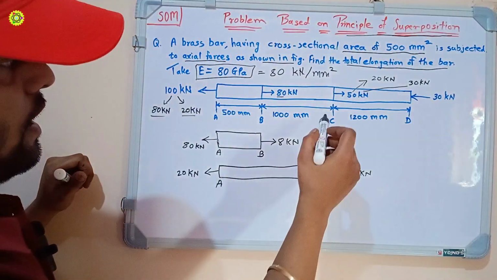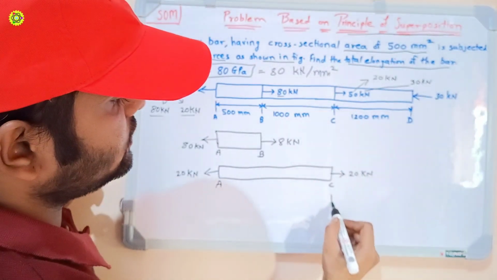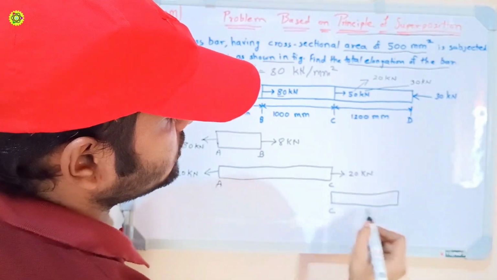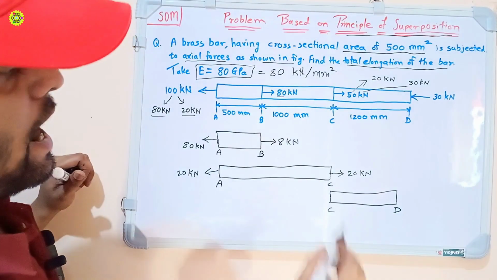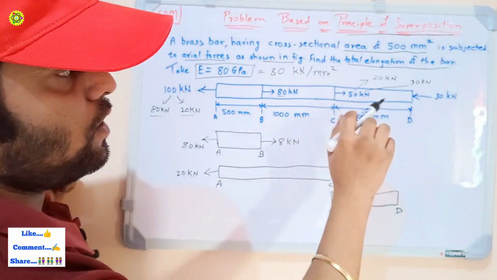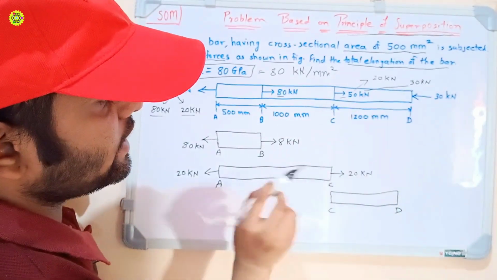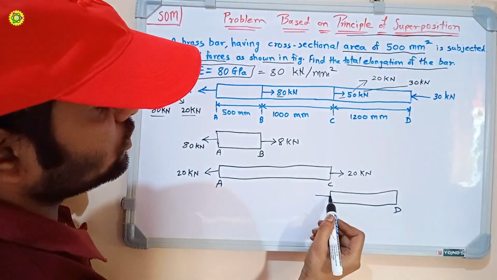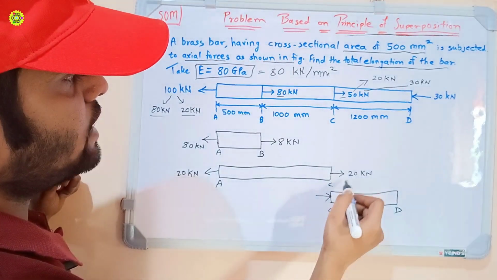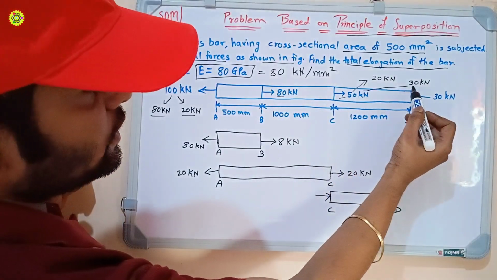Now we will take the bar CD. This is C and this is D. As you can see, this force is acting inside the bar, that is, compression is happening here, so the force direction is this way. Here we apply the remaining 30 kilonewton force.